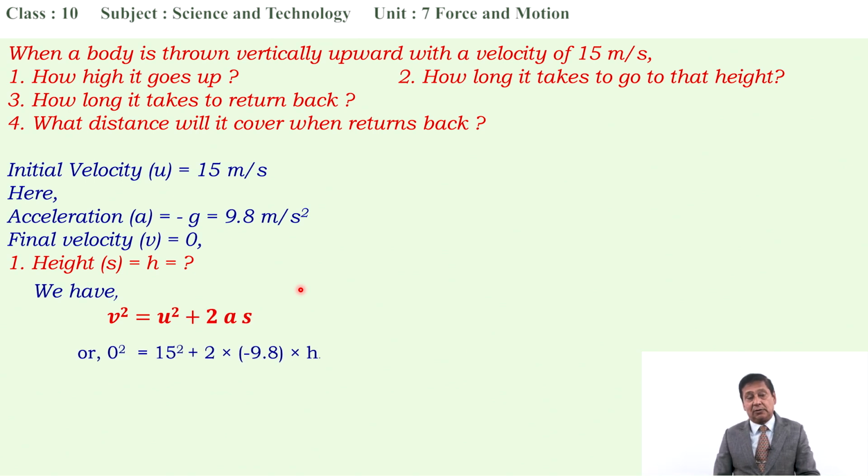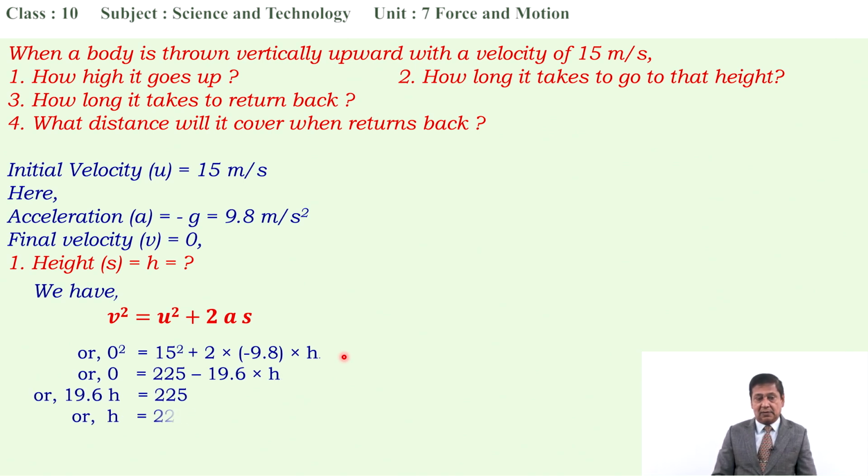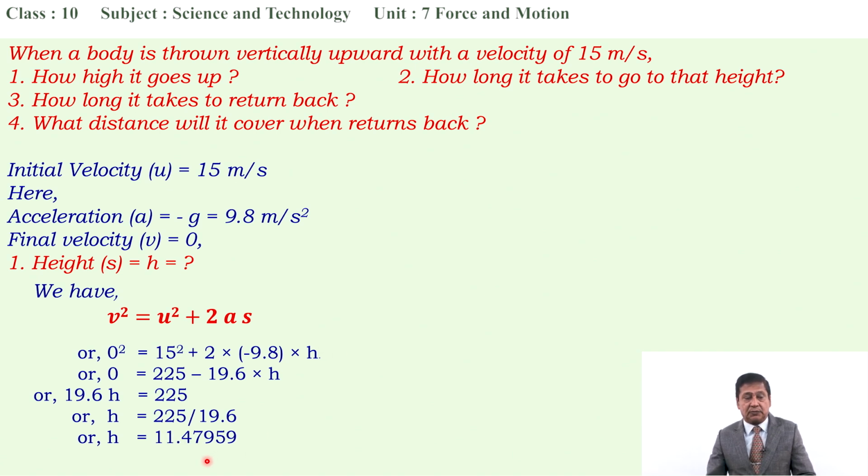If we take the values, v square means 0 square, u square is 15 square, and 2 remains the same, a equal to minus 9.8, into s. If we multiply and divide using a calculator, we get the height equal to 11.47958. After the decimal point we are taking just 2 digits; the third digit is more than 5, so we add 1 to the second digit and the result is 11.48 meter.